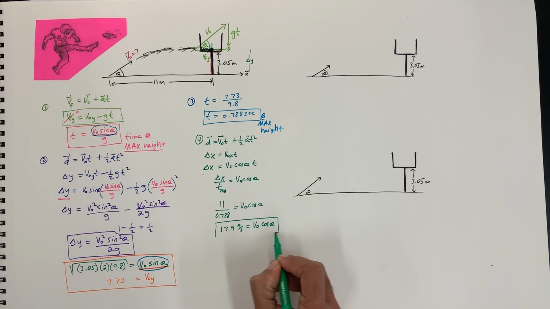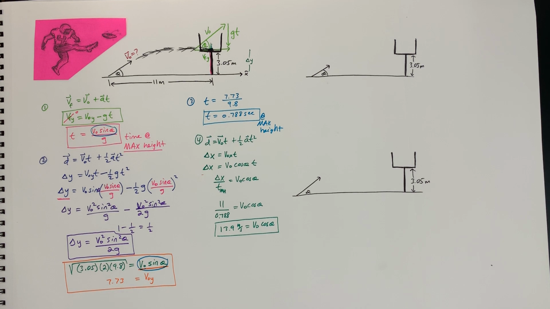Now we have everything we need in order to solve for the angle, which was the entire goal of this problem. So step 5, we're going to do tangent, which is equal to sine over cosine.